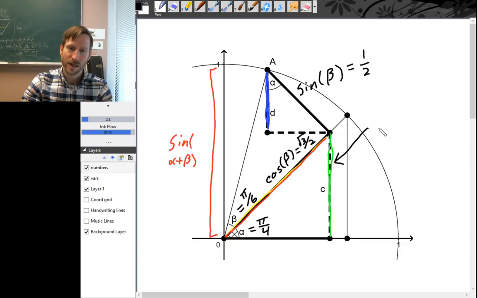So that side is opposite the angle alpha, so let's use sine of alpha. Sine of alpha is pi over 4, and that's going to be the opposite side, which is C, over the hypotenuse, which is root 3 over 2.